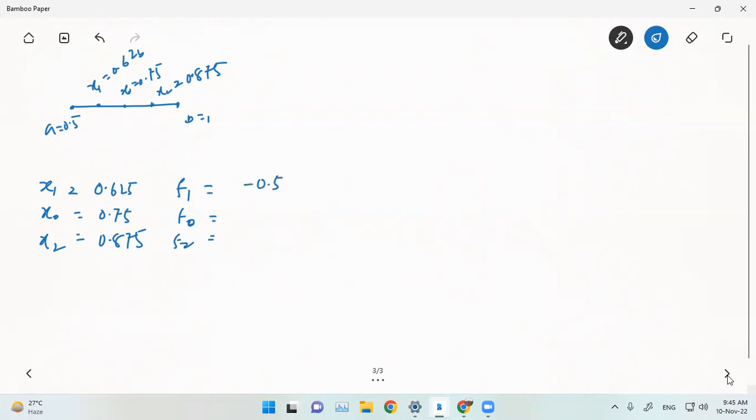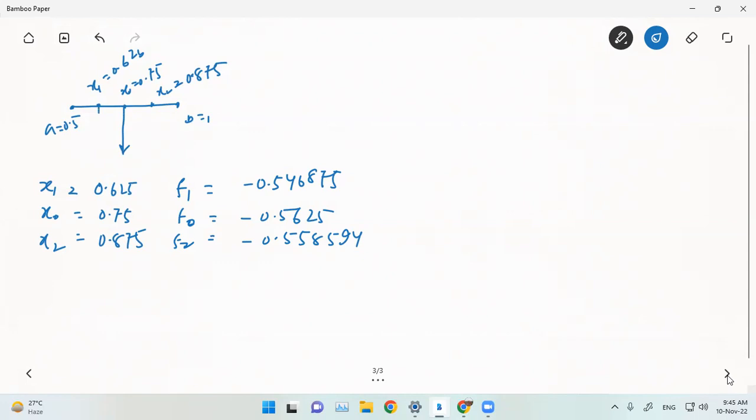The corresponding values of f1, f0, and f2 are basically minus 0.54685, minus 0.5625, and minus 0.5589594. Okay, so which one is smaller? If you plug in the values, in the middle we are actually having the smallest value.